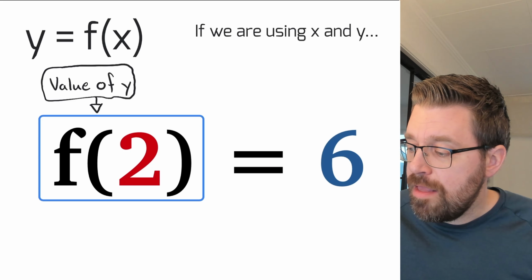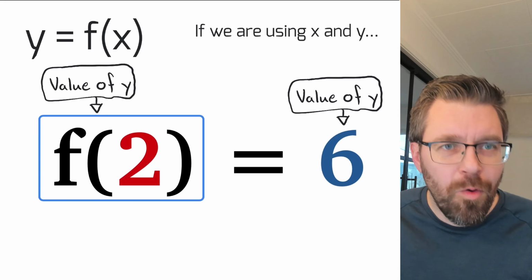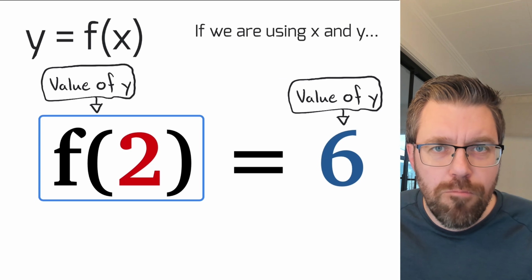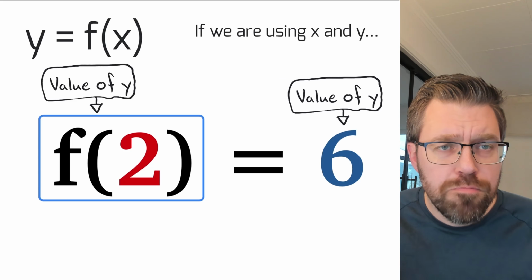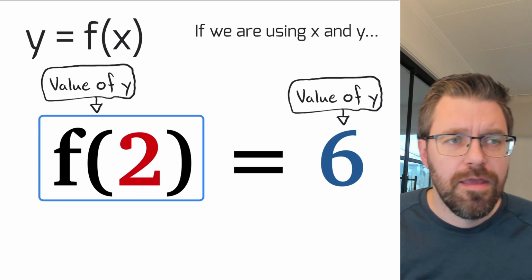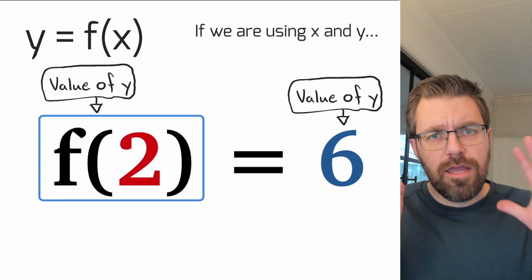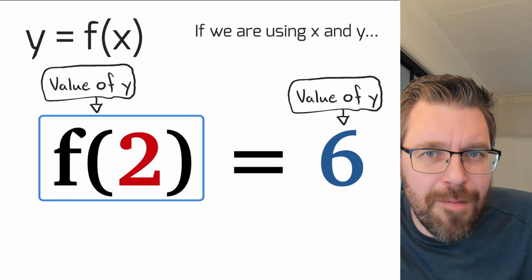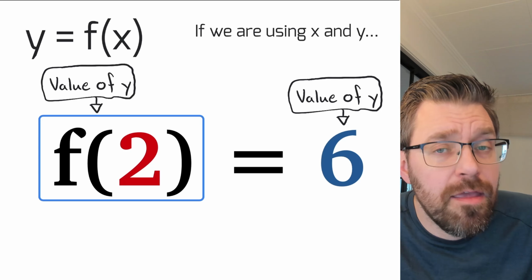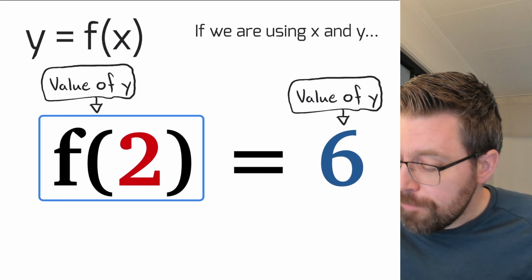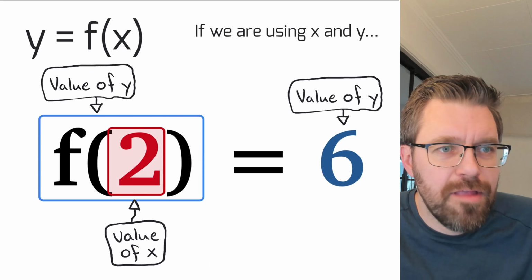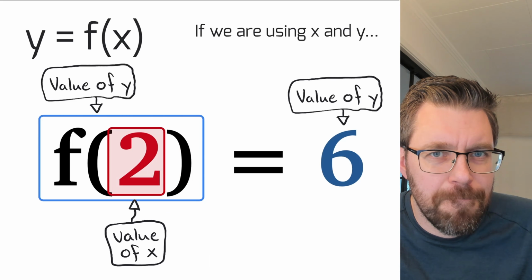That means that the number 6 also is the value of y. So y equals 6. But the number 2, it is the number inside the parentheses, and this number always means x, if we are talking x and y.